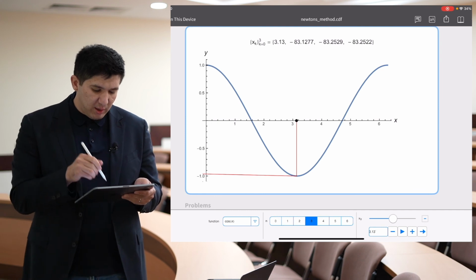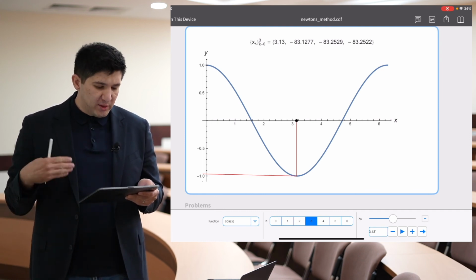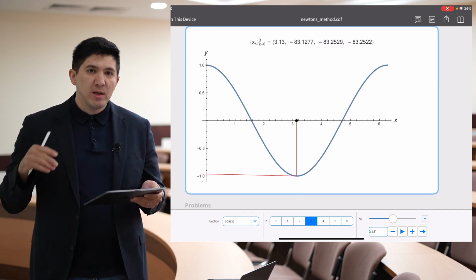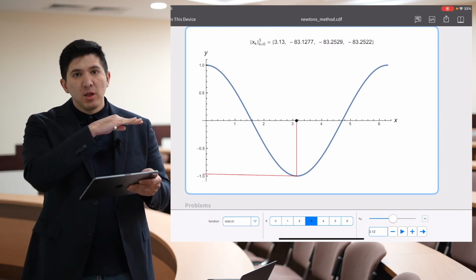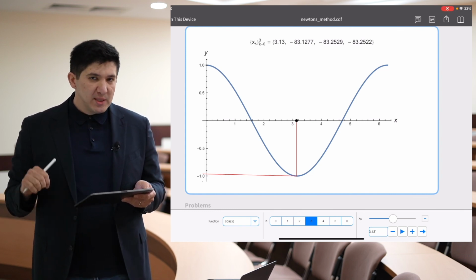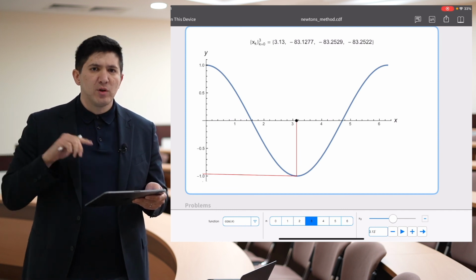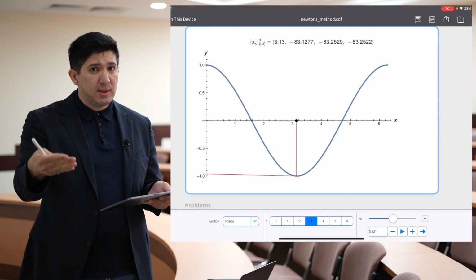You can see here that if your first guess is roughly equal to pi, and the derivative of the cosine is sine, and the sine of pi is equal to 0, right? The derivative of the cosine is equal to 0. It means that the slope of the tangent line at this point is equal to 0. It means that this tangent line is never going to intersect with the x-axis. If you remember, the intersection of the tangent line with the x-axis is going to be your next guess.